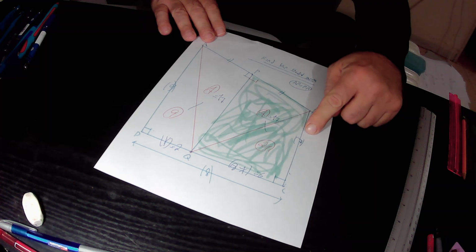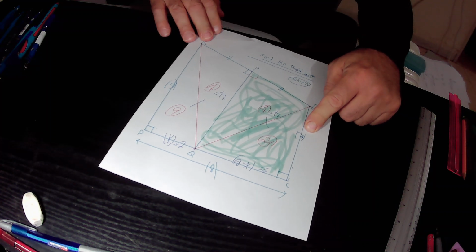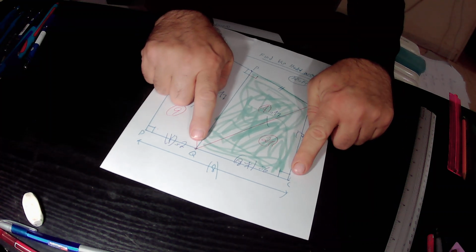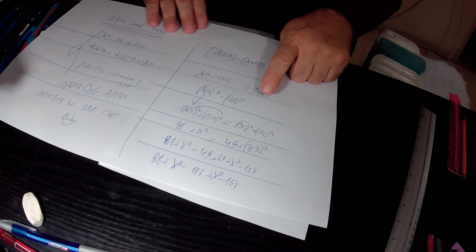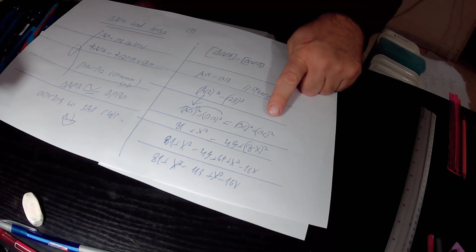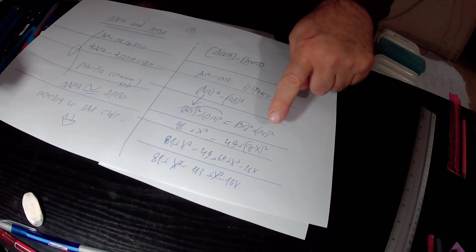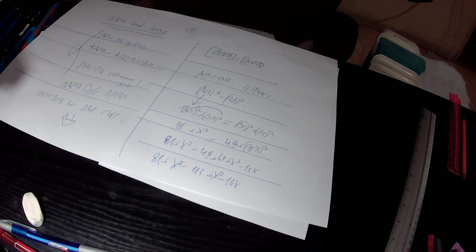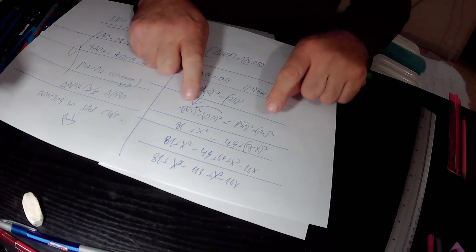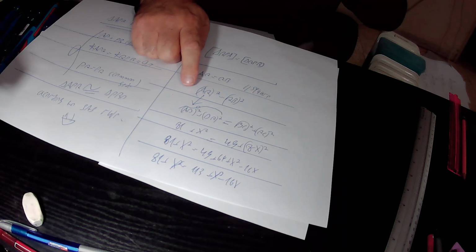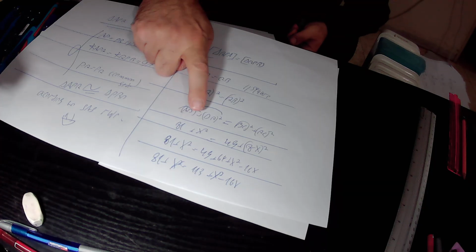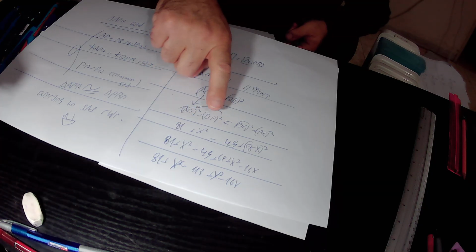BC is 7, therefore BC squared is 49. QC is 8 minus X, therefore QC squared is (8 minus X) squared. So we know that 81 plus X squared equals 49 plus (8 minus X) squared.